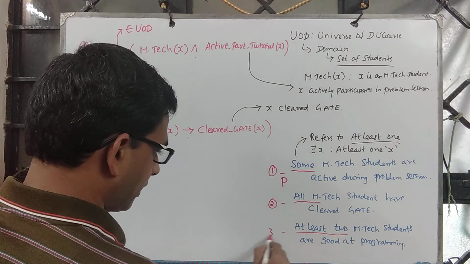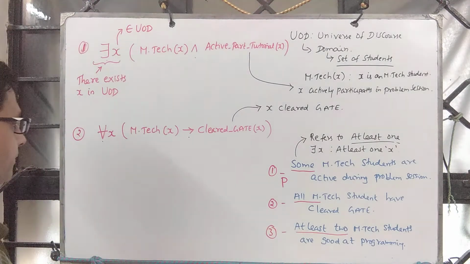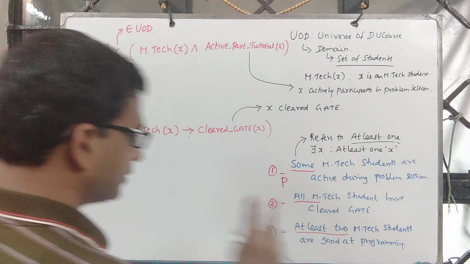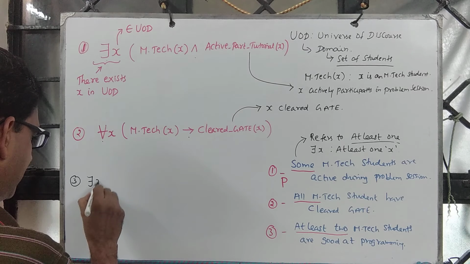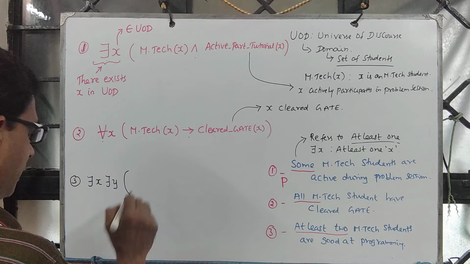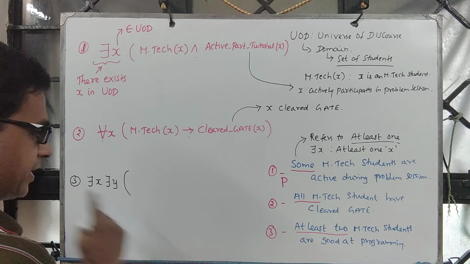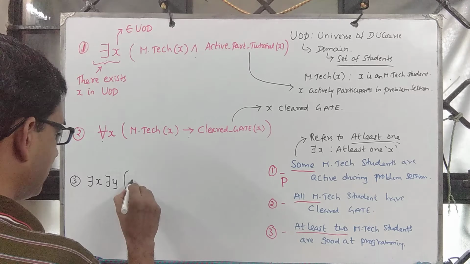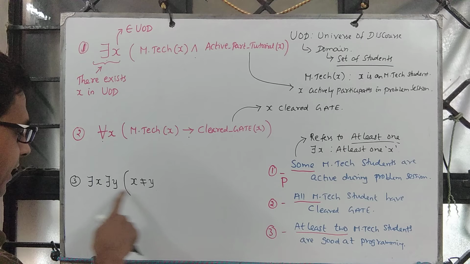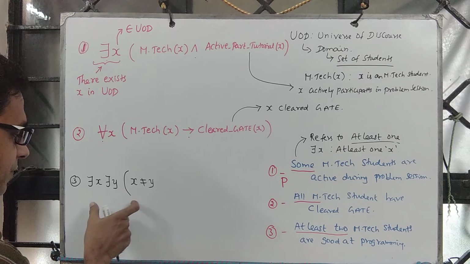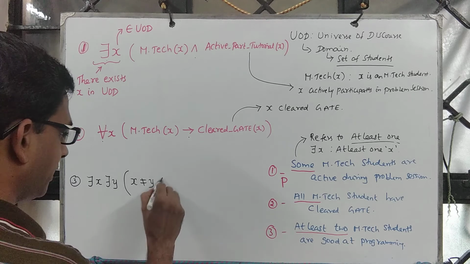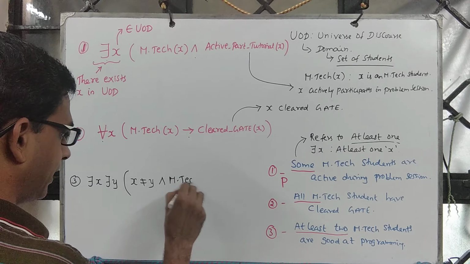Let's look at this one. It is asking for at least 2. There exists x, there exists y. X and y may be same, but we want at least 2. So first I say x not equals y. So this will guarantee me x and y are different. So which means we have at least 1. When you come here, it becomes at least 2 MTech students.